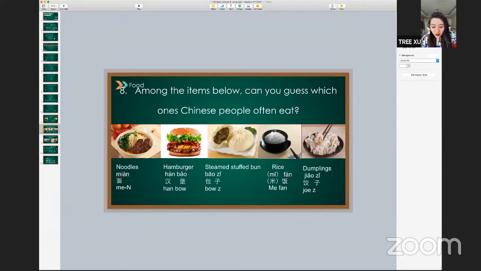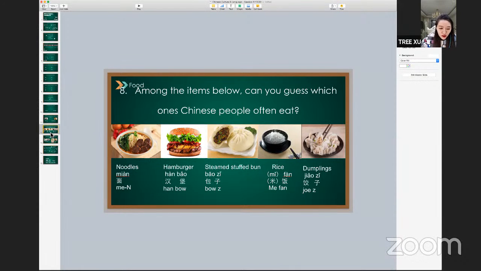Okay. So who says everything? Well, has anyone been to China, or did you do a lot of research? You always got the correct answer. Except hamburger, other answers are correct.